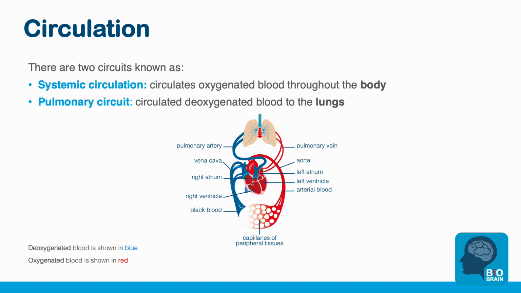The deoxygenated blood returning from the body is pumped away from the heart to the lungs, where it undergoes gas exchange. The lungs remove carbon dioxide and take in oxygen. The blood that leaves the lungs is oxygenated and returns to the heart to start the cycle again, linking back to the systemic circulation.